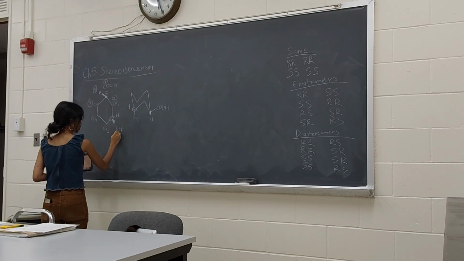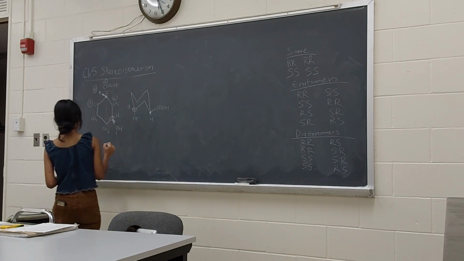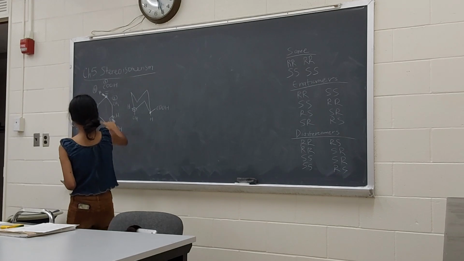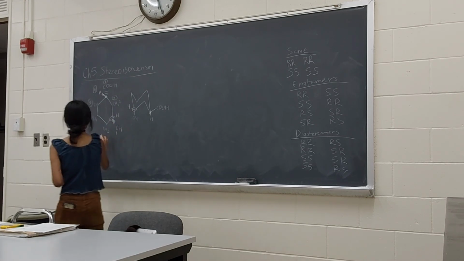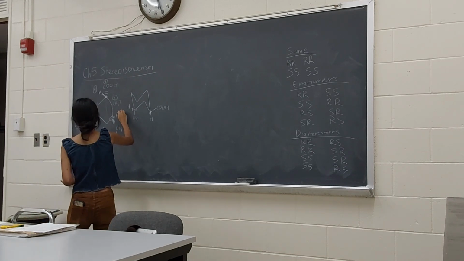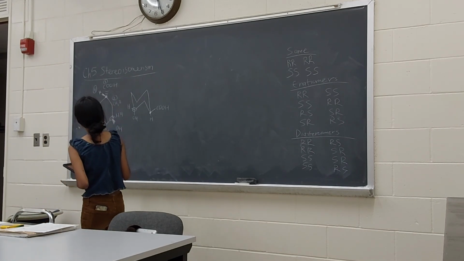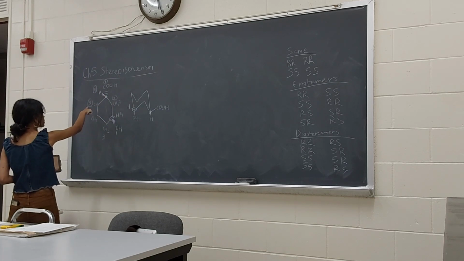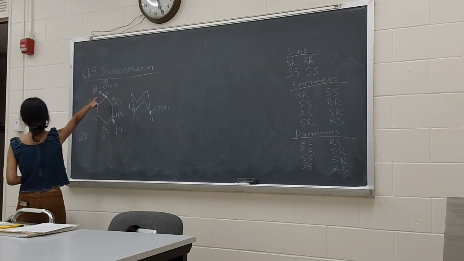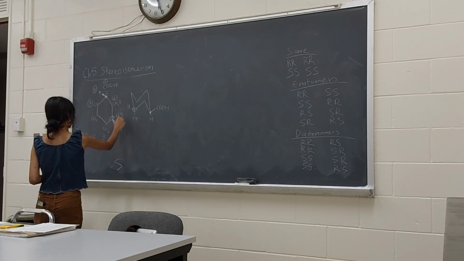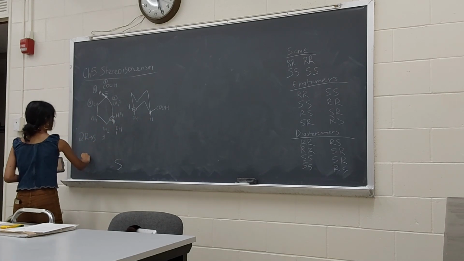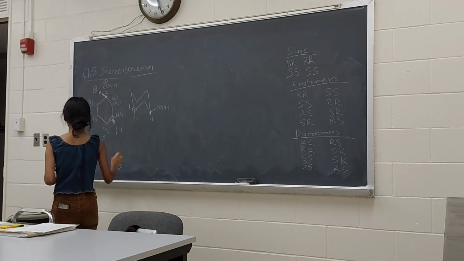OH or O will be 1. And then which is clockwise, but the hydrogen's on a wedge, so we're going to change it to an S. 1 to 2 to 3 counterclockwise, S. Hydrogen's on a dash though, so we don't change it.